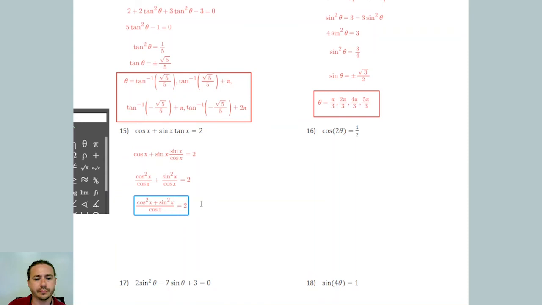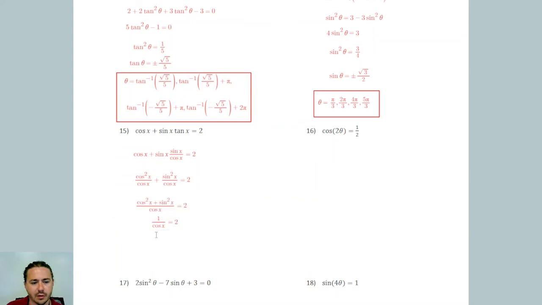Okay. Now we do have a Pythagorean identity that says that if you have sine squared plus cosine squared, that equals 1. So we get 1 over cosine x equals 2. So if we reciprocate both sides, I will end up with cosine x equals 1/2. And everything kind of cleans up nicely there. And now we can find our angle measures.